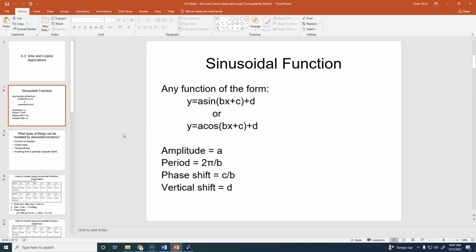It's just if some of us are in degree and some of us are in radian, it's going to make our functions completely different and change a lot of things about how we do the problem. So it's just going to be easier if we're all in the same mode. And I will remind you tomorrow to put your calculator in radian mode for the calculator part of it as well.